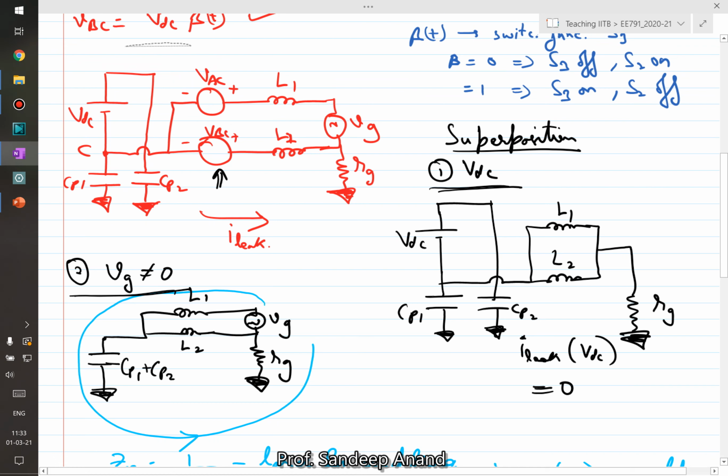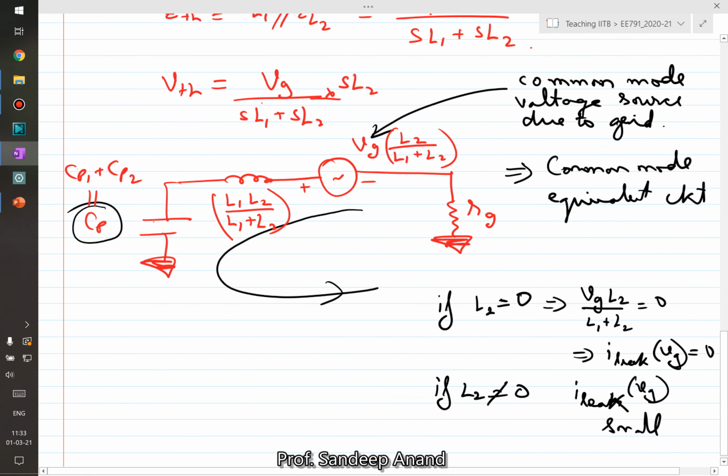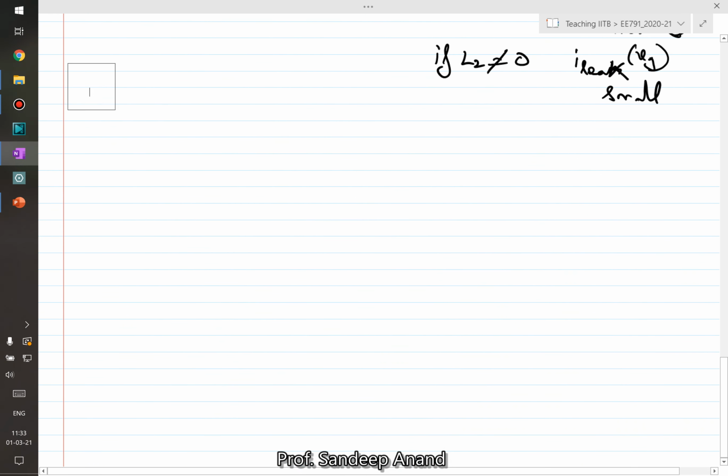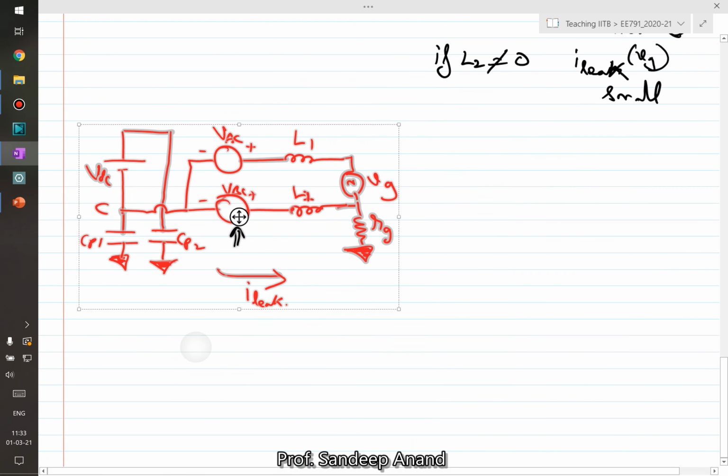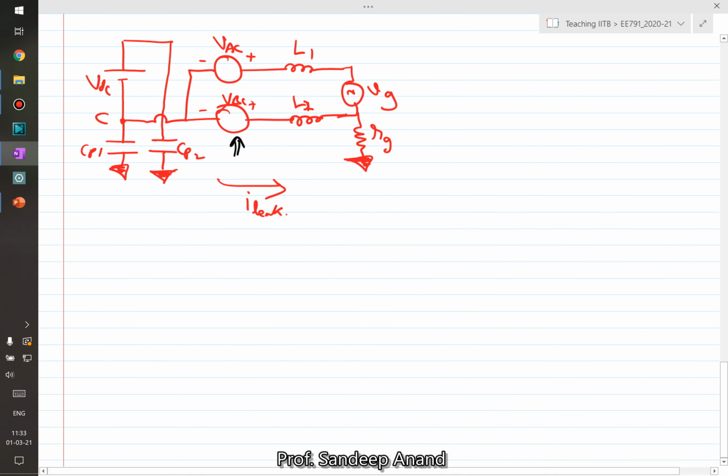We copy this circuit. Third scenario where VAC and VBC, which are produced because of the inverter switching, are non-zero.